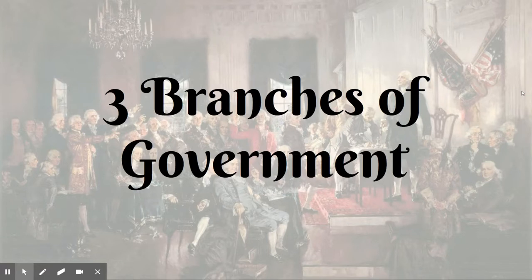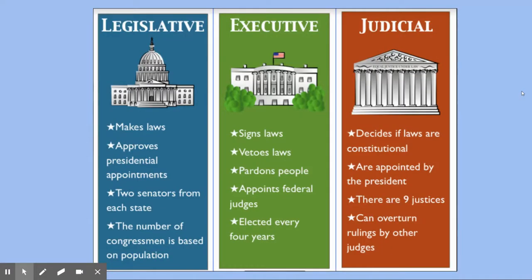So let's go ahead and discuss now our three major branches of government, okay? We actually have three branches. They're the legislative, the executive, and the judicial branch. Our legislative branch is comprised of essentially our houses of Congress.